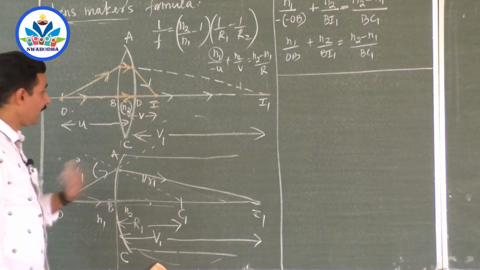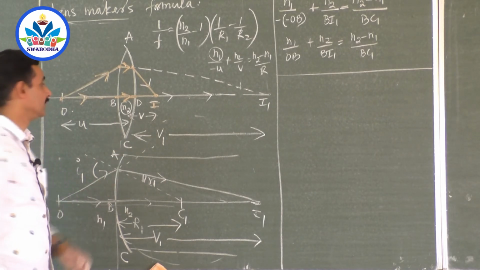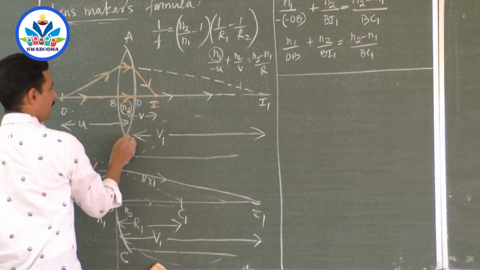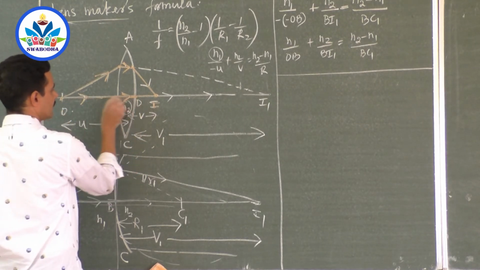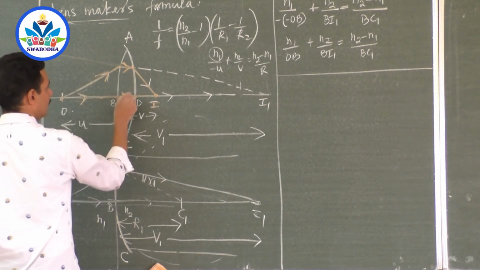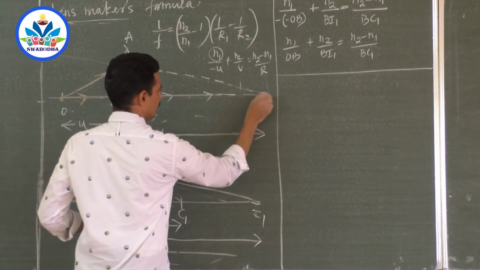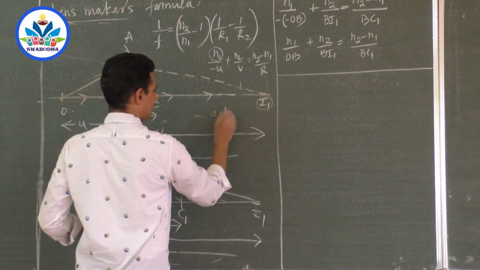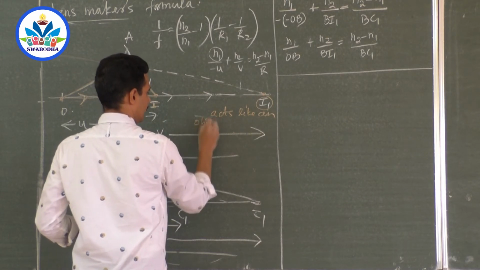Okay. Do you have any object and do you feel that these rays are coming from any object? Surface ADC says they must be coming from an object, sir. Wait a minute, I will see. I will produce them backwards. They never meet, sir. So I will do one thing. I will produce them forward. So I1 acts like an object for the first surface.